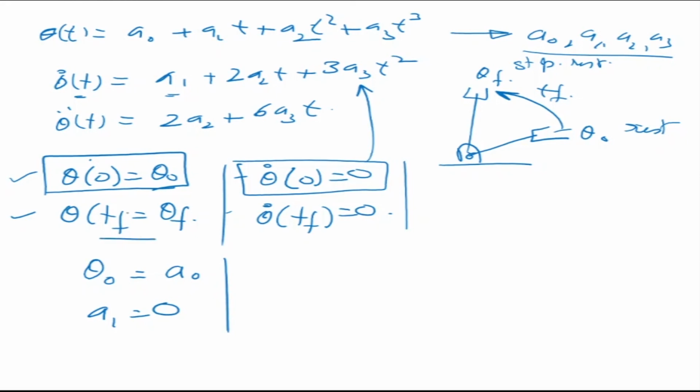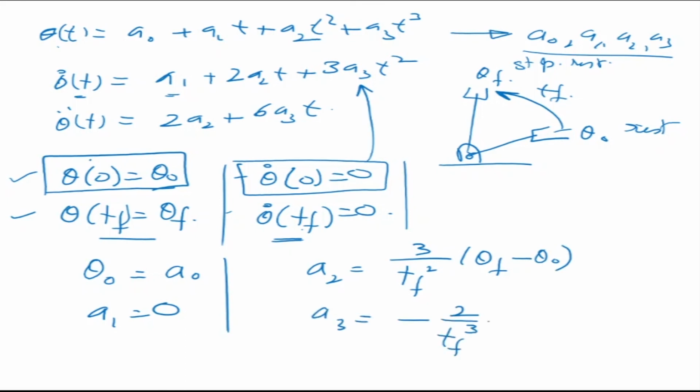I can put these two conditions in the position equation and in the velocity equation, and I can solve. a2 is equal to 3 divided by tf squared times theta f minus theta naught, and a3 is equal to minus 2 divided by tf cubed times theta f minus theta naught.